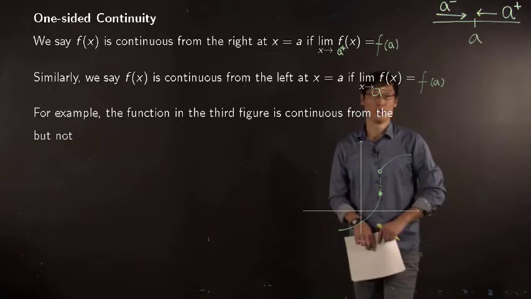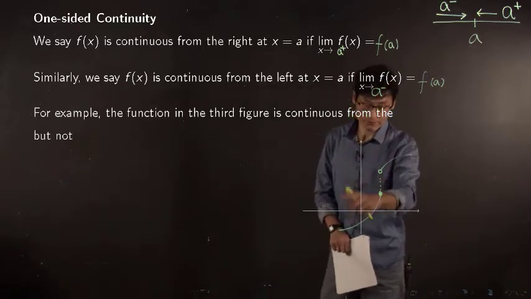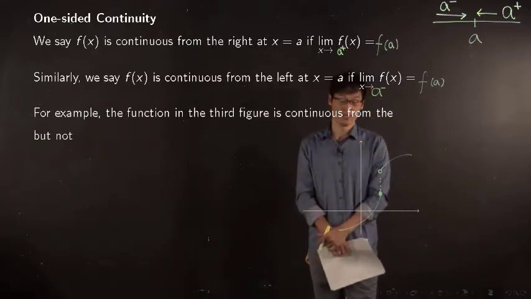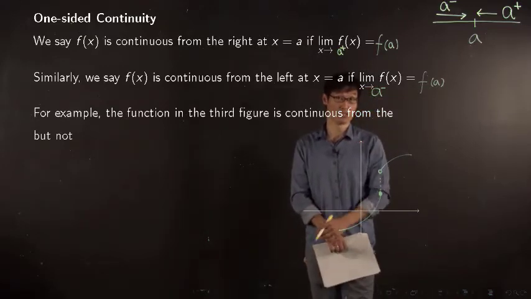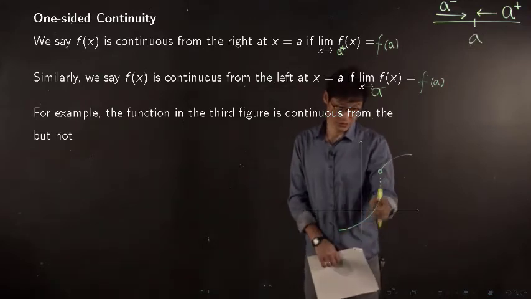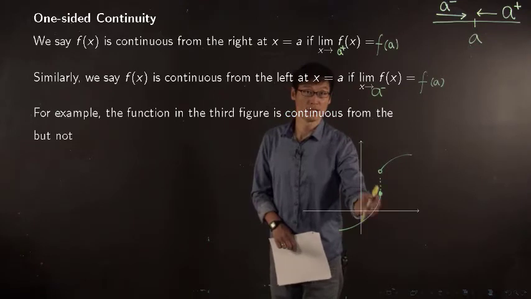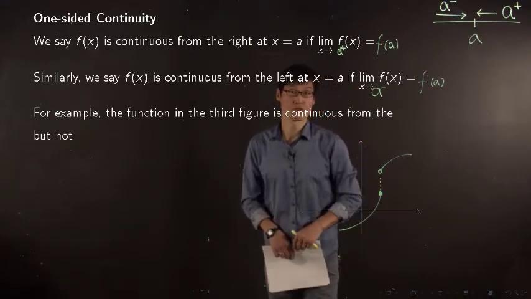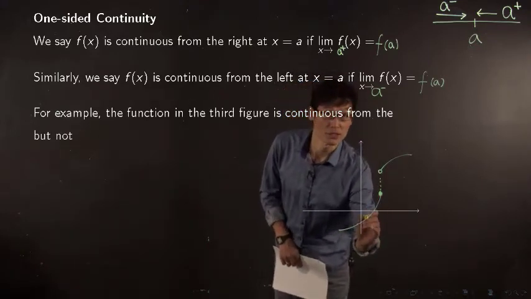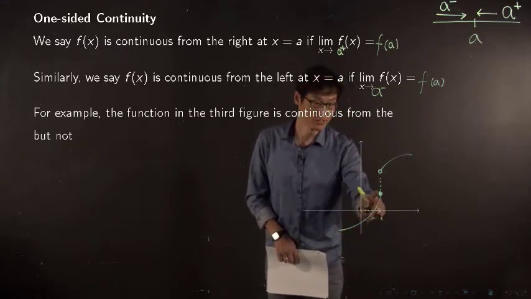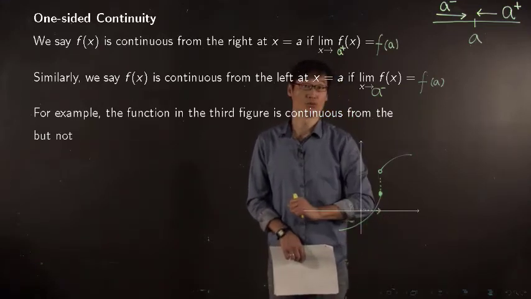For example, this is the graph from the previous slide, the third type of discontinuity, or jump discontinuity. So let me recycle this graph. This function is continuous from the left because when your x approaches this way, the limit is exactly the function value.